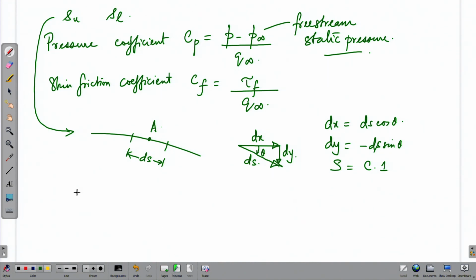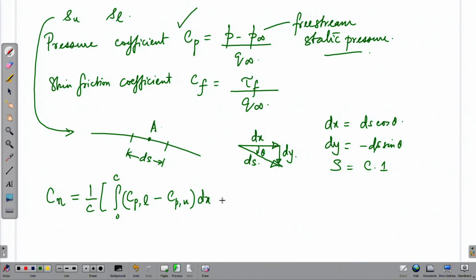Using these nomenclatures, we can now write the normal force coefficient like this, which is a very convenient form. So, you see pressure coefficients are now coming into the picture, which we have defined here for the upper and lower surfaces, and skin friction coefficients are coming into the picture associated with the local slopes.